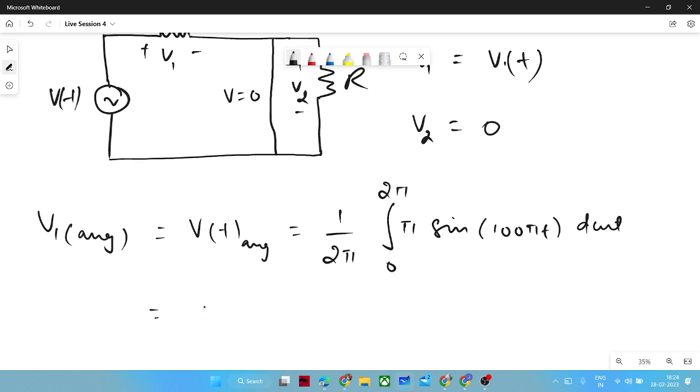Cos 0 minus cos... I will take pi outside, pi by 2 pi, and if you integrate this, you will get cos 2 pi minus cos omega t. Correct?